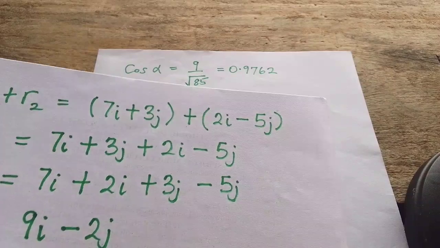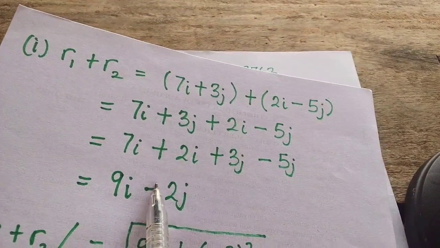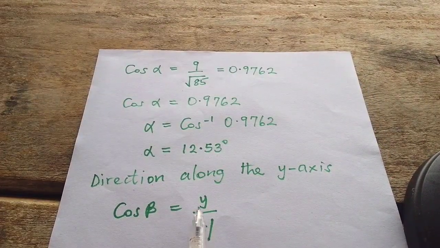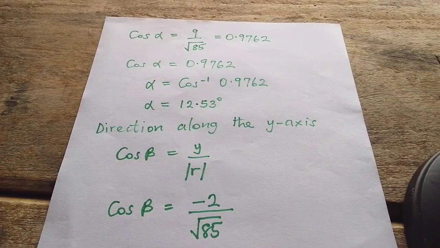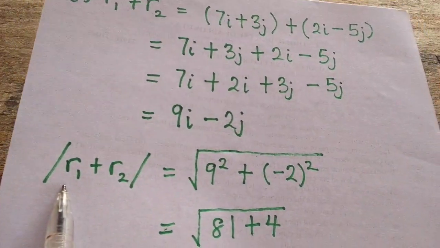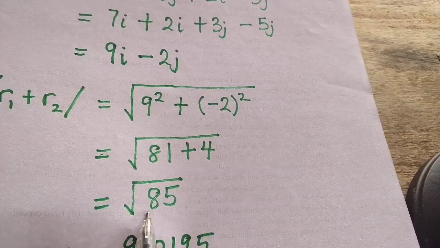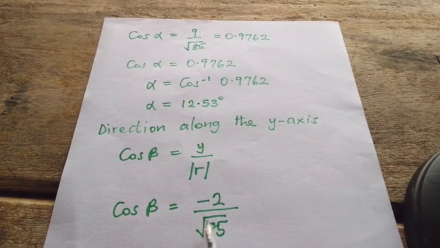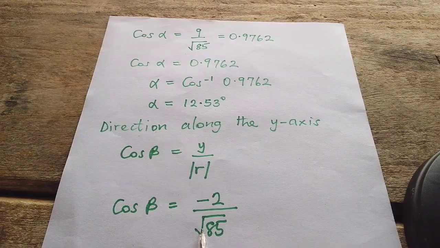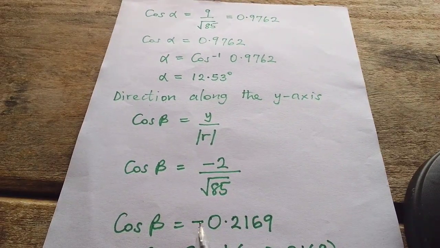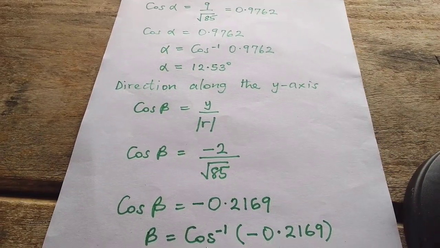The y component of this vector is minus 2, and the modulus of r1 plus r2 is root 85. So minus 2 divided by root 85 will give us minus 0.2169.